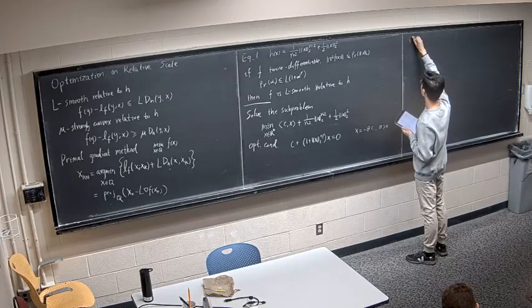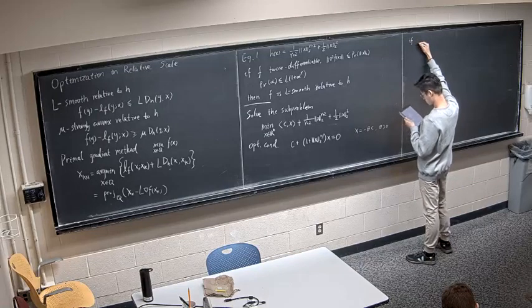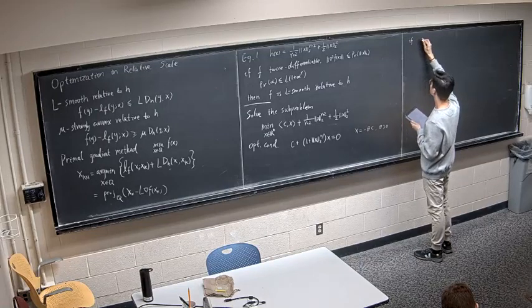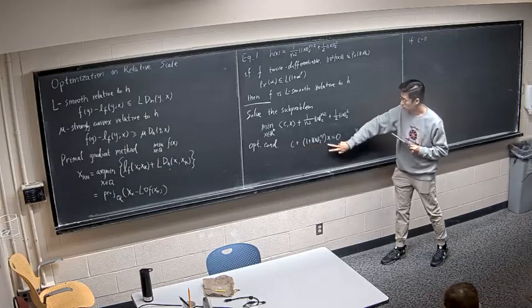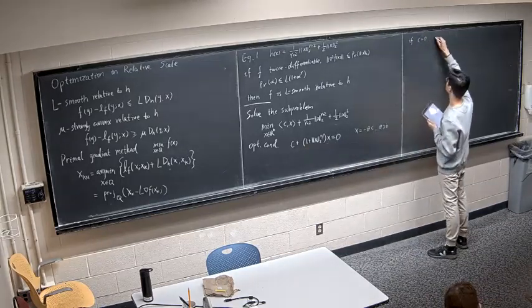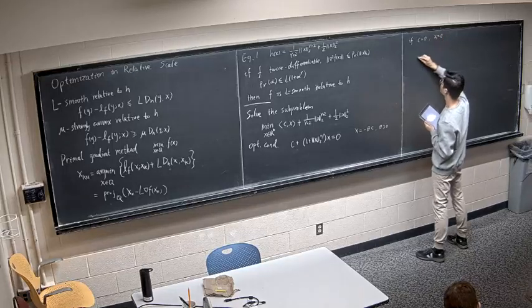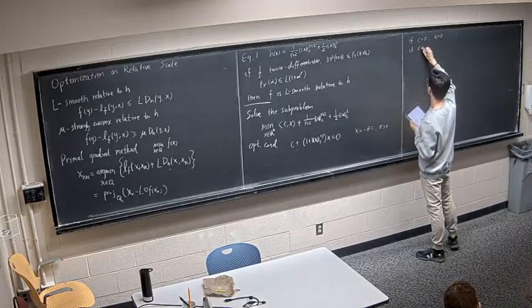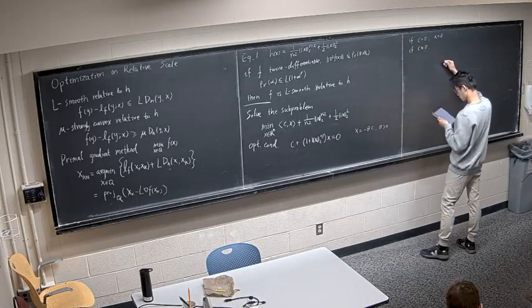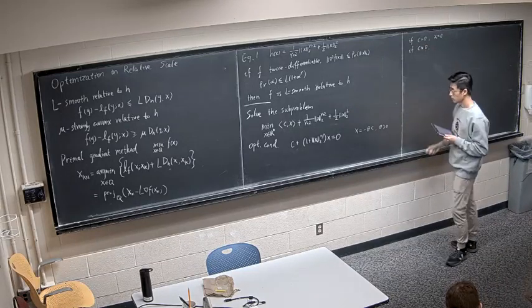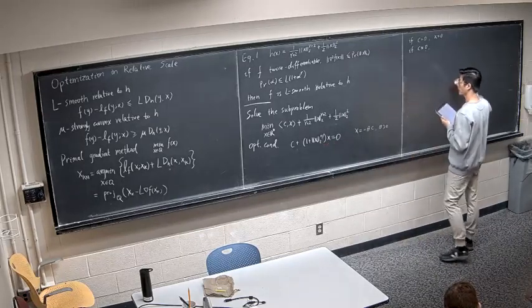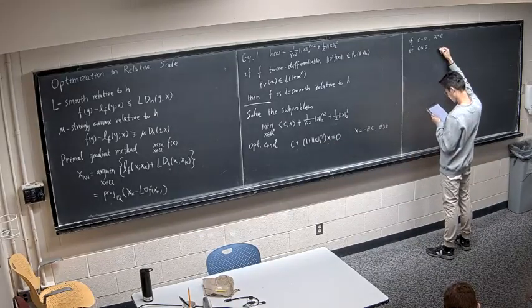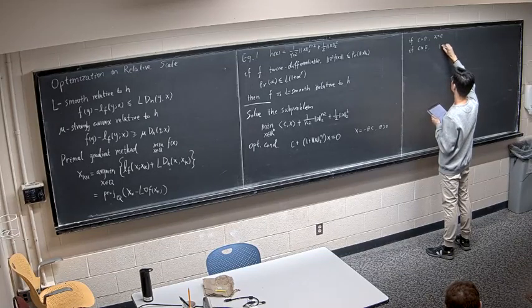Then if this c is 0, we can easily take x to be 0. If c is not a zero vector, then we can plug this formula back into this equation and simplify it. So what we have is that the constant should be 0.